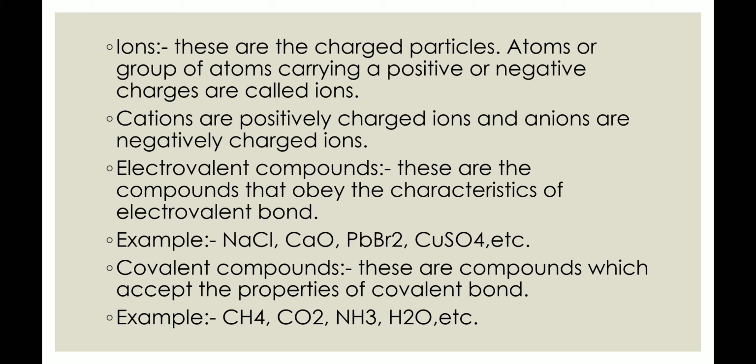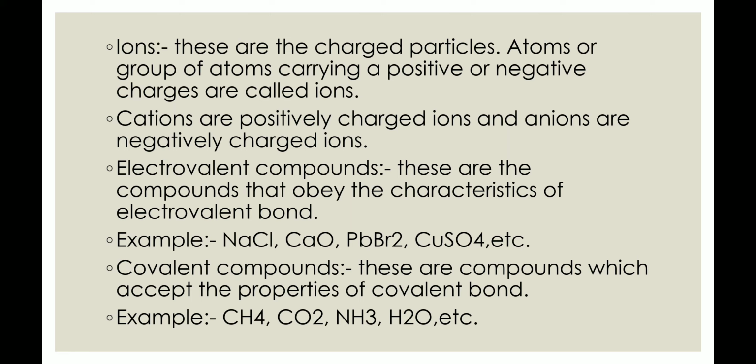Now what is electrovalent compound? Electrovalent compounds are the compounds that obey the characteristics of electrovalent bond. The characteristics imply donating electrons from metal to non-metal and acquiring 8 electrons in the outermost shell of an atom, either in metal or non-metal.